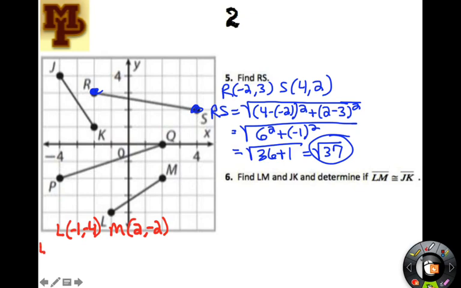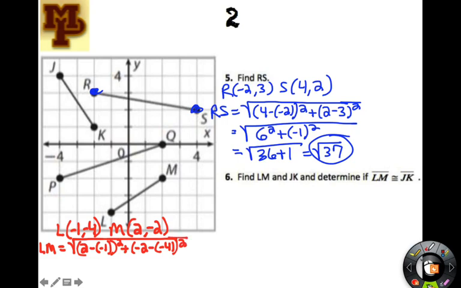So distance formula, LM equals big ol' square root, so we're going to do 2 minus a -1 squared plus, then we're going to do -2 minus a -4 squared.